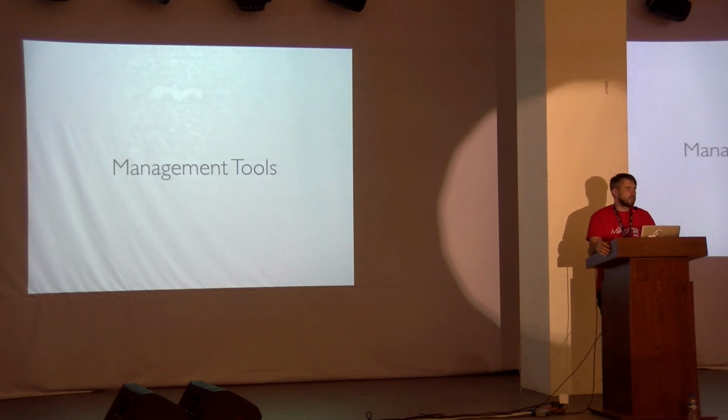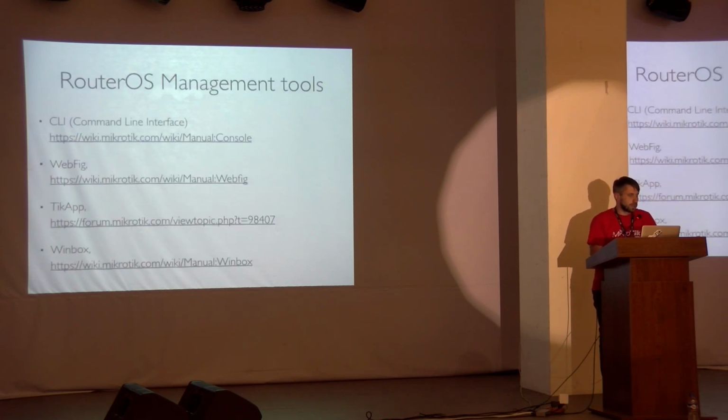So let's start with the management tools and with options that you can use for RouterOS configuration. Basically, there are 4 configuration tools, and you can divide them in 2 groups. The most used one, the one that we used, is Winbox.